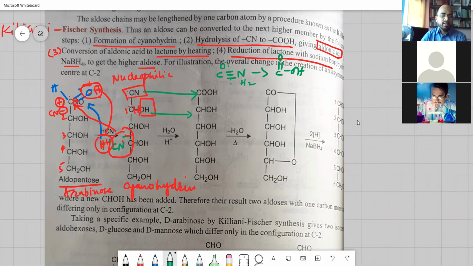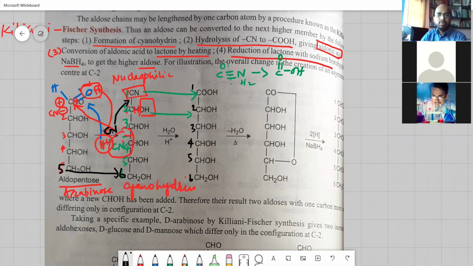Now if you count the number of carbon atoms, how many are there? 1 2 3 4 5 and 6. So here there are 5, here 6. So you have converted 5 to 6 by the addition of this CN. Again, if you count that, you get 1 2 3 4 5 and 6.